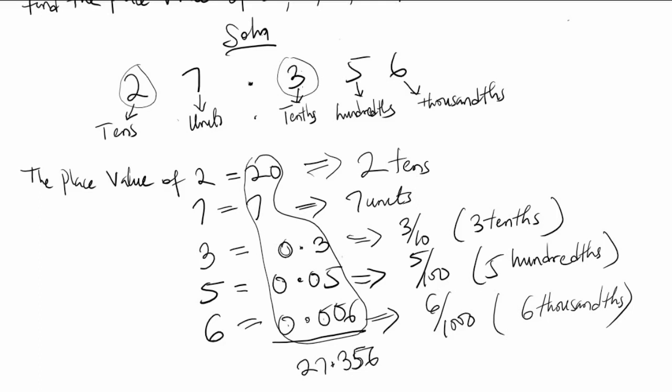So that is all you need to know about the place value system. It's very simple and quite easy to understand.